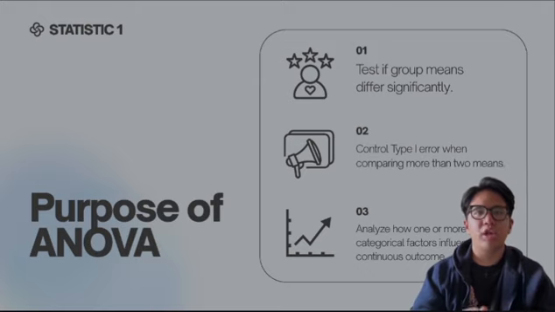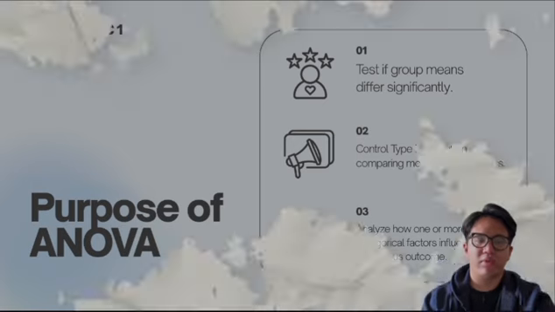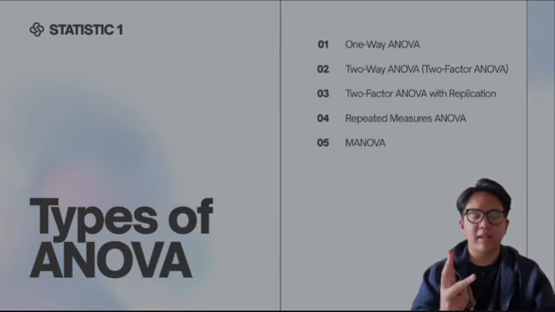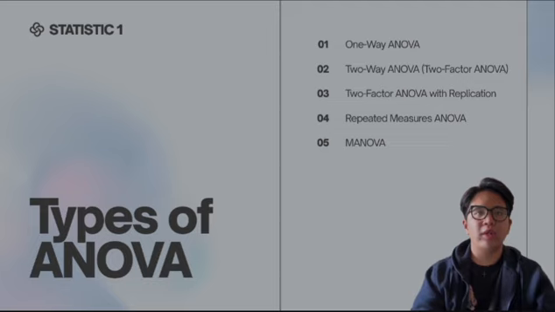And the third, ANOVA allows us to analyze how one or more categorical factors influence a continuous variable such as performance, score, or output. Because of these three reasons, ANOVA is widely used in experiments, business, psychology, and engineering research.